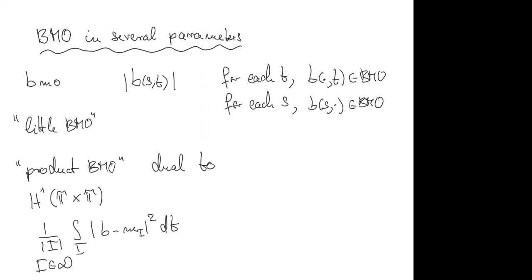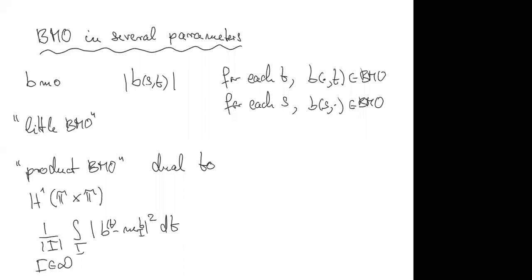So here's a B. If you now look at the Haar expansion of B, then the average of B catches all the contributions of the Haar terms from intervals which strictly contain the I. And B minus the average, these are the remaining terms.